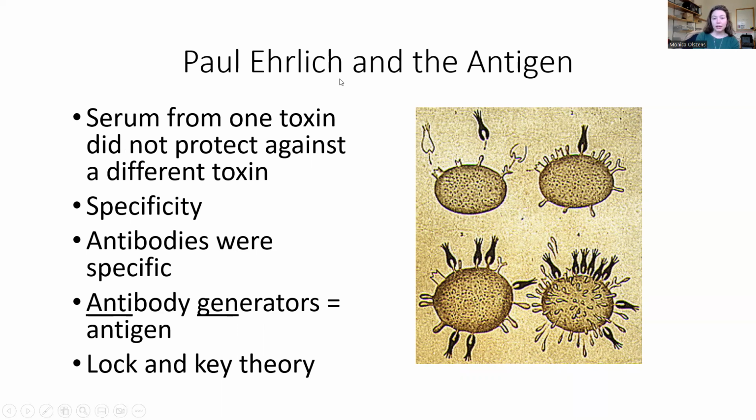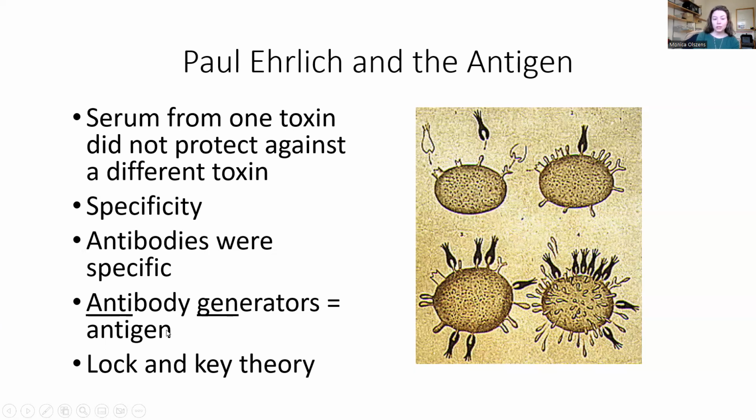So Paul Ehrlich actually figured this out. If you've ever picked up an immunology textbook, the word antigen is all over the place. What that means is antibody generator. It's typically a protein that creates an antibody generator, antigen.